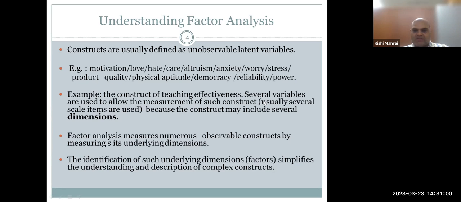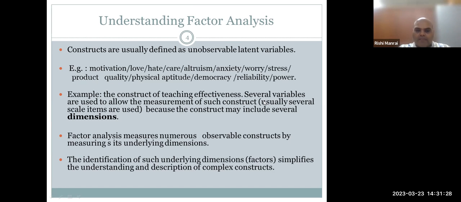So we ask 2, 3, 4 different kinds of questions, or rotate the language of the question, so that we are very sure that what we are trying to ask is being responded to by the respondent properly.